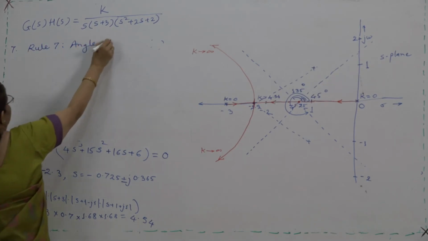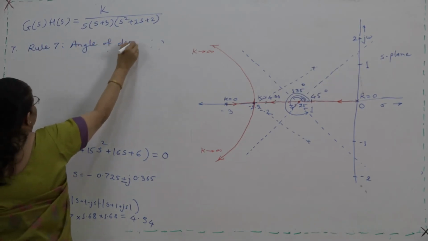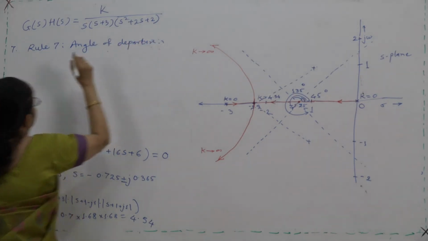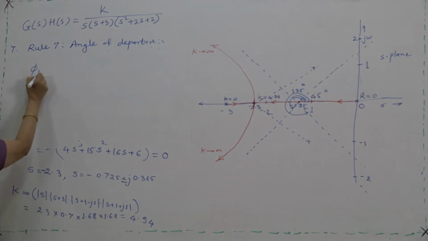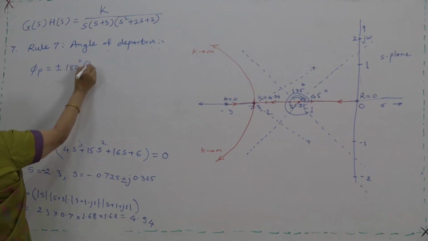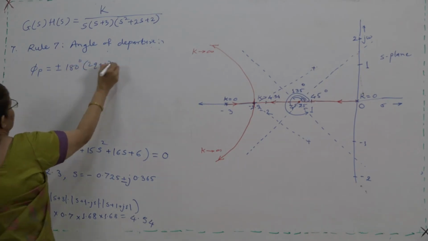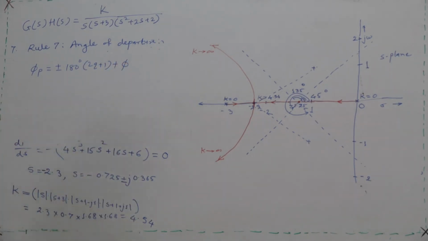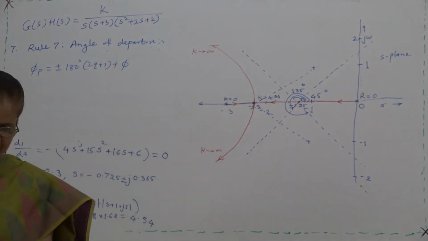Should I rub this now? So, we will see now rule number 7, angle of departure. The 7th step, rule 7, angle of departure.